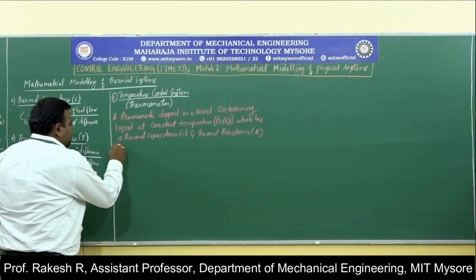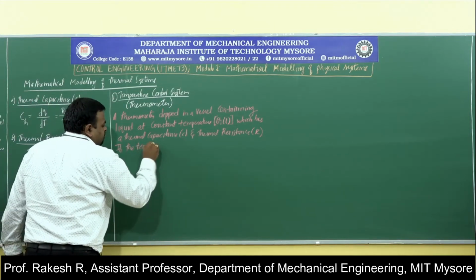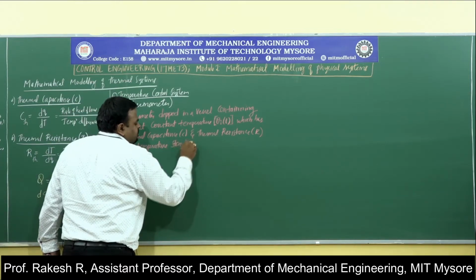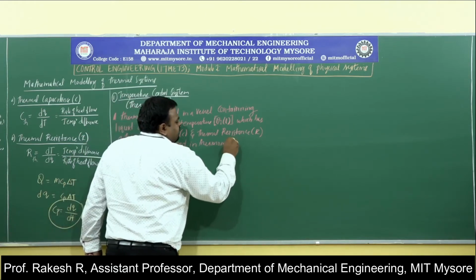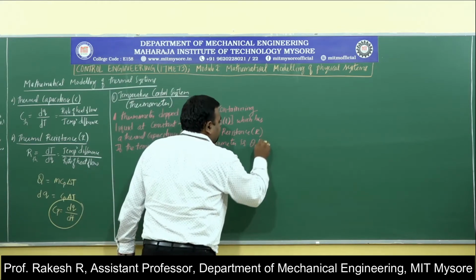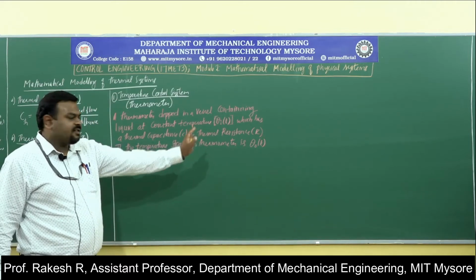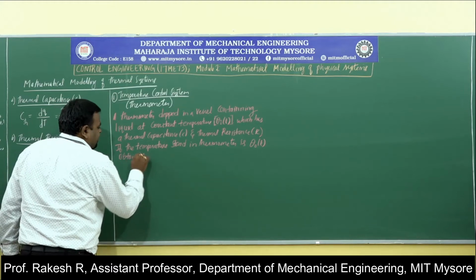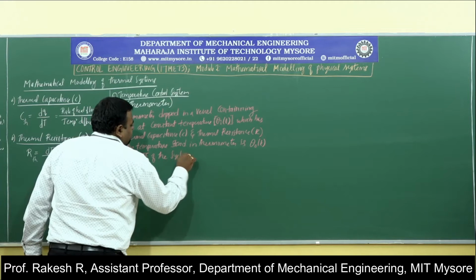Then if the temperature stored in the thermometer is theta naught of t, so theta naught of t is the temperature stored in the thermometer, obtain the transfer function of the system.